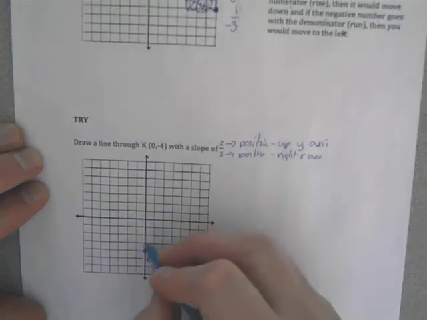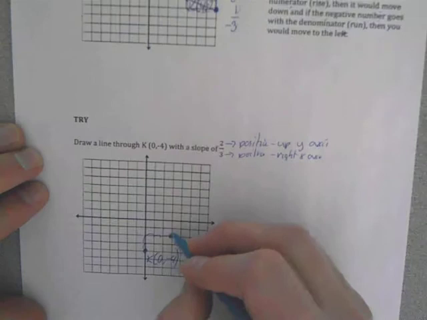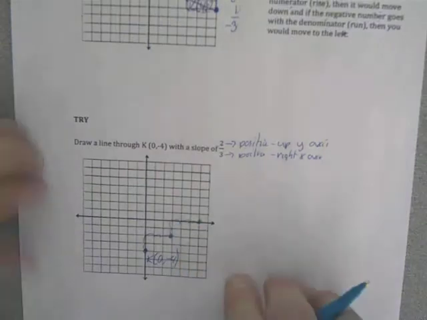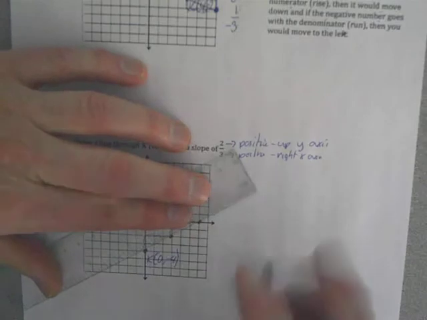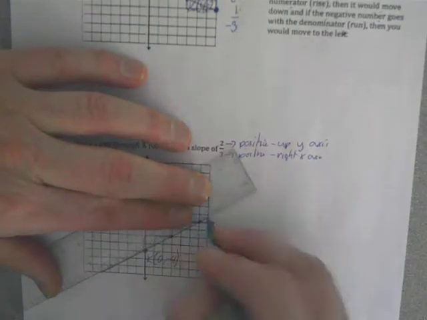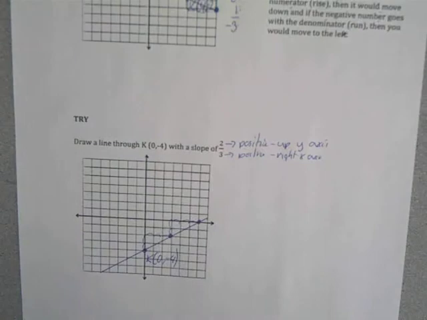So 1, 2, 1, 2, 3. If I do it again, which I can, go 1, 2, 1, 2, 3, then all these coordinates will be on that line. And by drawing them, they're all on the line because they all have the same line segment. So we complete chapter 6.1.